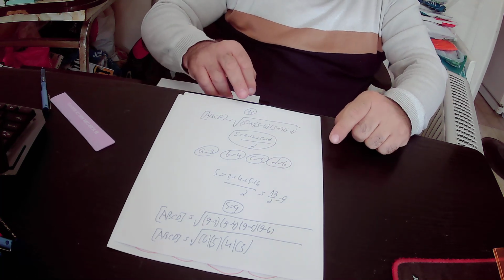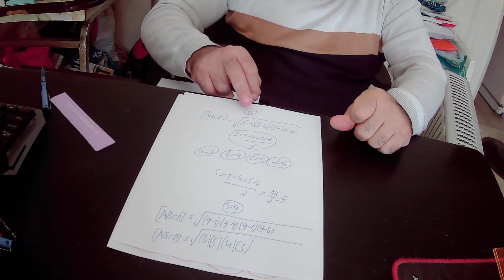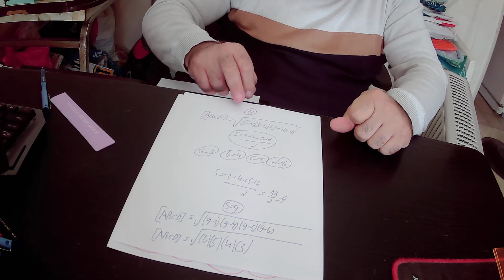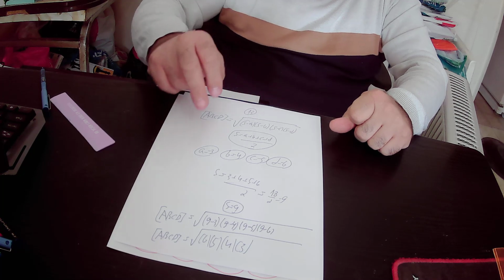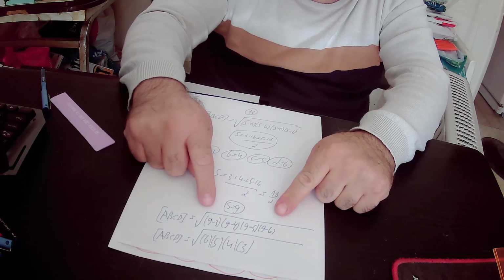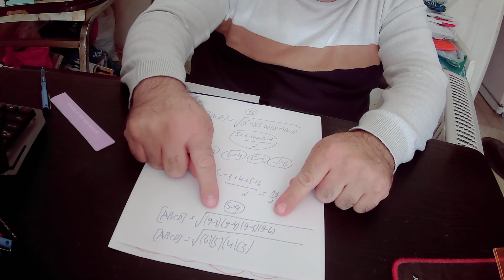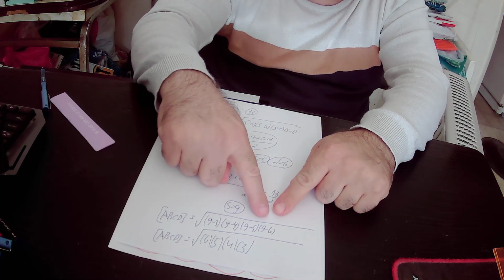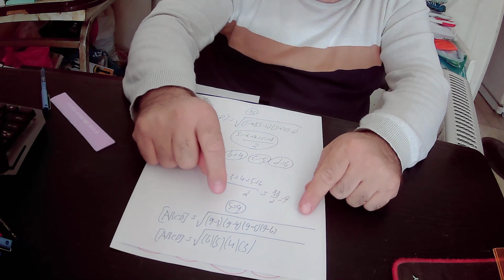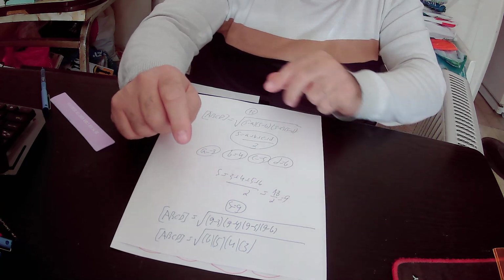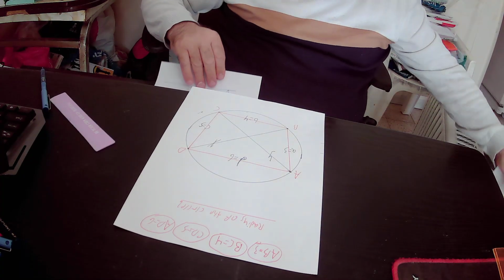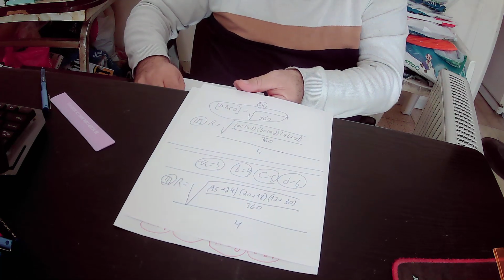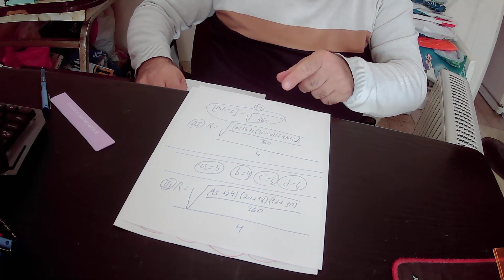Then we substituted S by 9, and we got that the area of quadrilateral ABCD equals the root of 9 minus 3 times 9 minus 4 times 9 minus 5 times 9 minus 6. That is actually 6 times 5 times 4 times 3, which is 360. So the area of quadrilateral ABCD equals the root of 360.